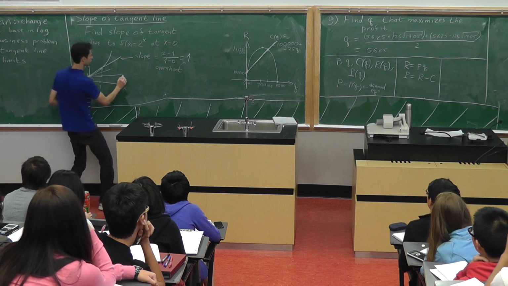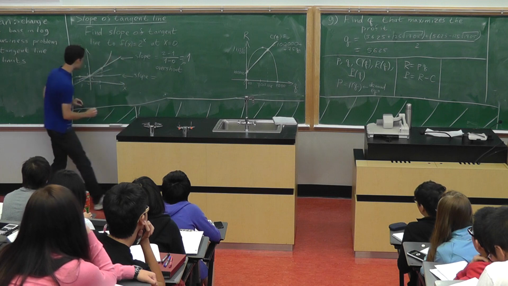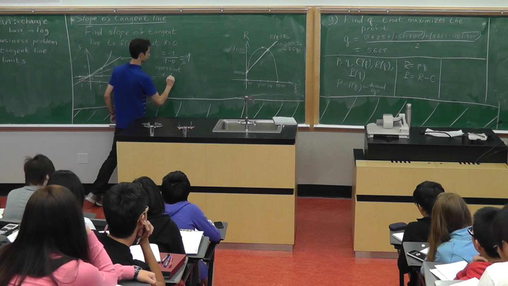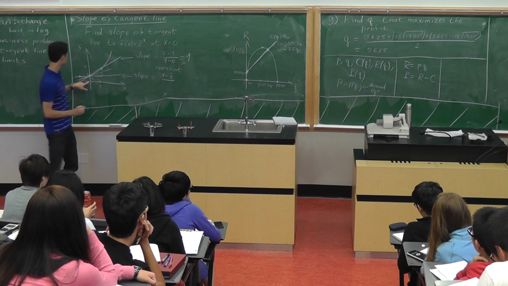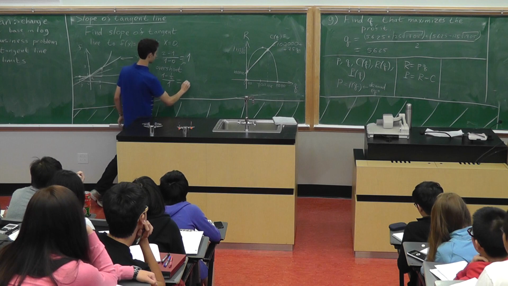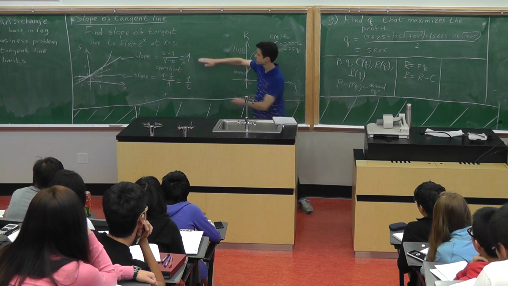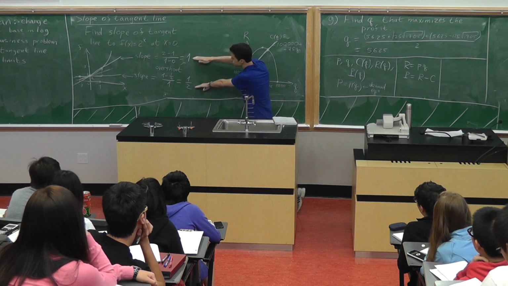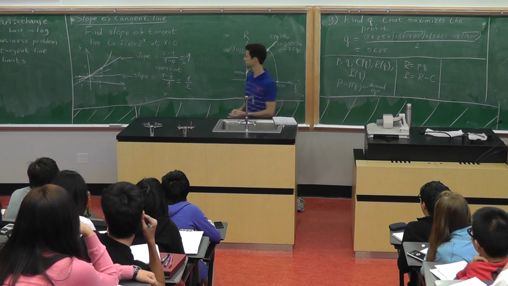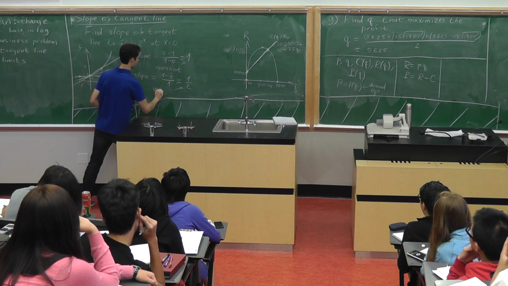For this one, the slope will be, once again, change in y value, which is 1/2, divided by change in x value, which is 1. So it is 1/2. And we see that our slope is actually some number between 1/2 and 1. So this is an estimate from below. It's an undershoot.